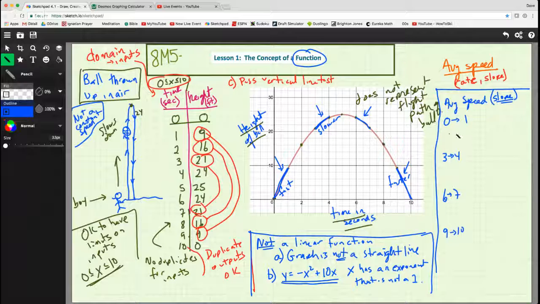So let's see, from 0 to 1, m equals y2 minus y1 over x2 minus x1. So y2 is, we're going to look at these two right here, 9 minus 0 over 1 minus 0. And so that's 9 feet per second. All right, from 3 to 4, here we go, right here.